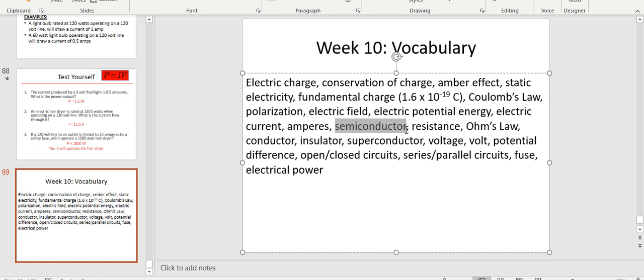Semiconductor, silicon. Resistance, Ohm's law. A conductor, what is a conductor as opposed to what is an insulator? Superconductor, what's the ideology behind that? Voltage, volt, potential difference, open closed circuits, series parallel fuse, electrical power, all these. These are just some of them. So have a look at all these.